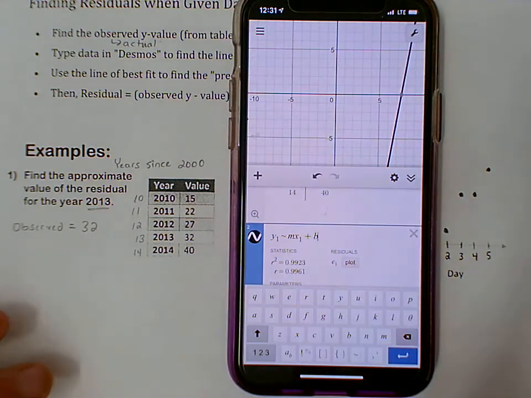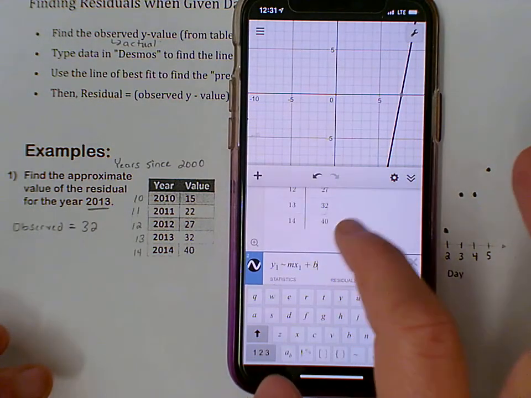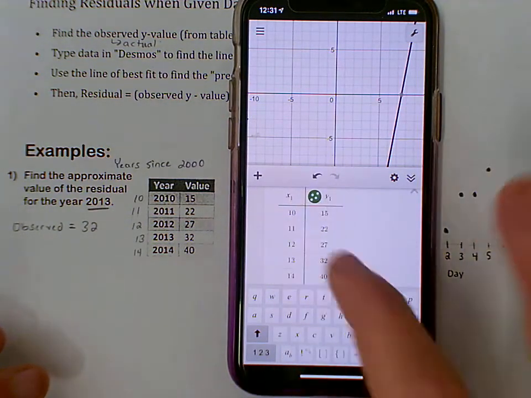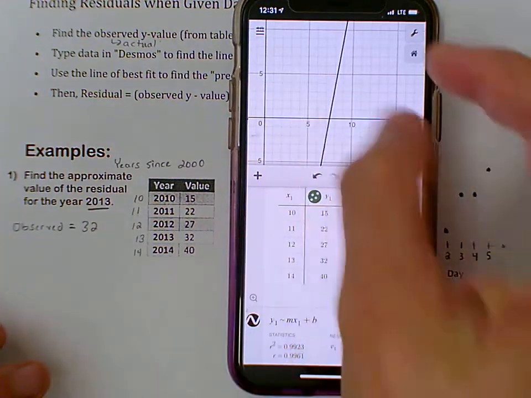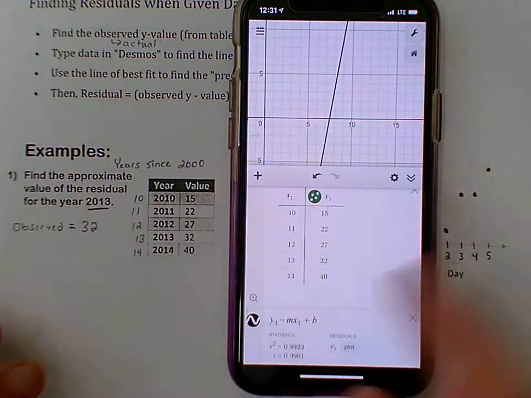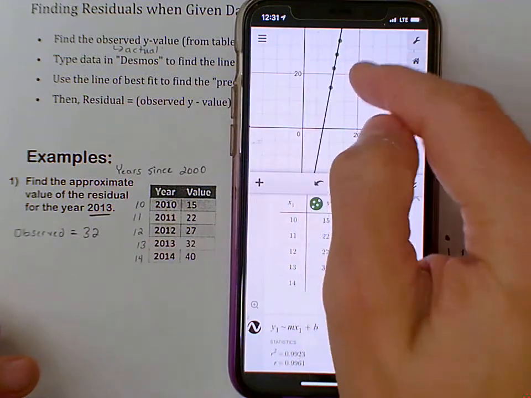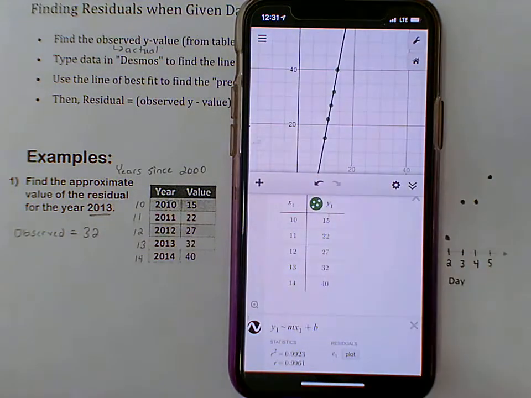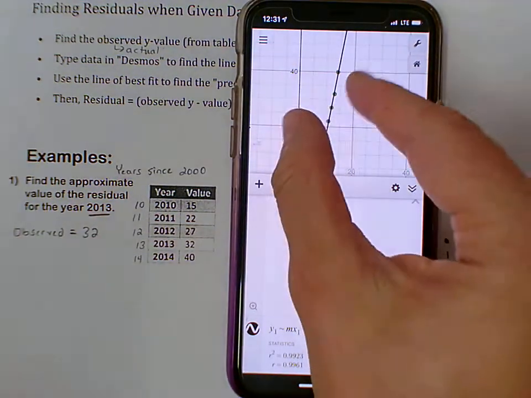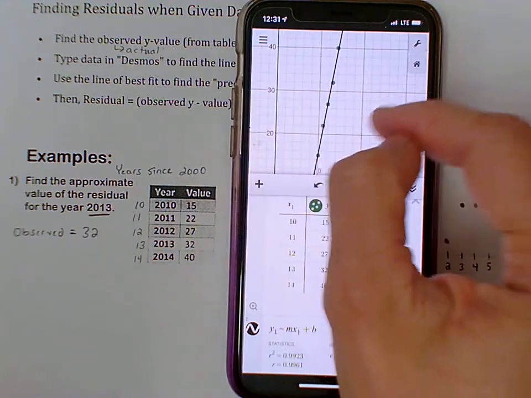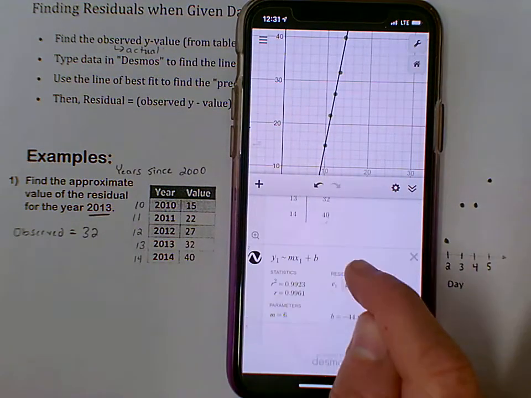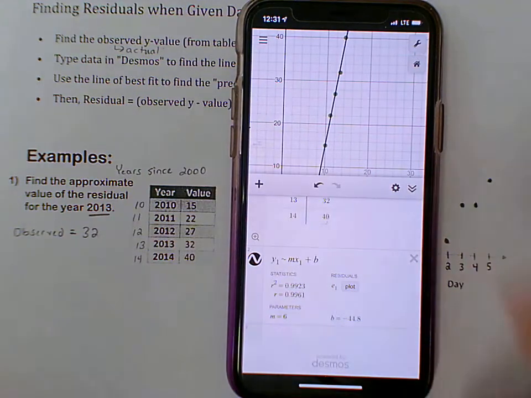So once you get that in, it's going to do two things. When you type in your data, it's going to plot a scatter plot for you. So I'm going to look at where my numbers will be, and I'll have to zoom out. But notice it plotted the points for me whenever I entered the data, and whenever I brought up the line of best fit, it went ahead and put the line of best fit on my graph, okay?